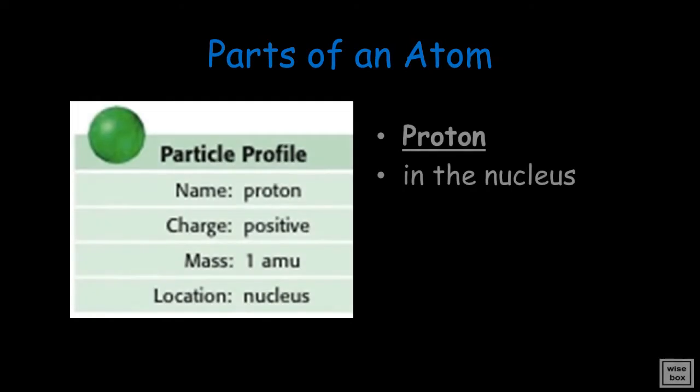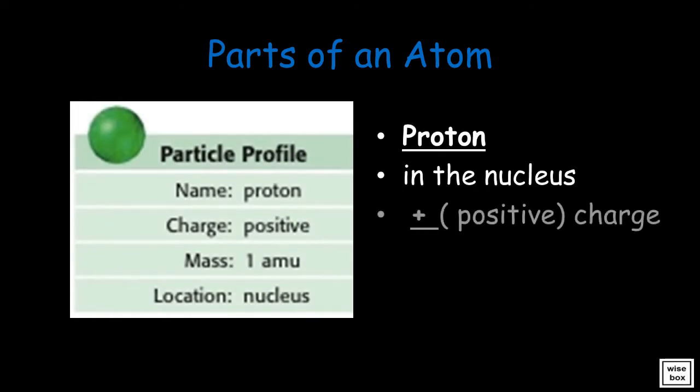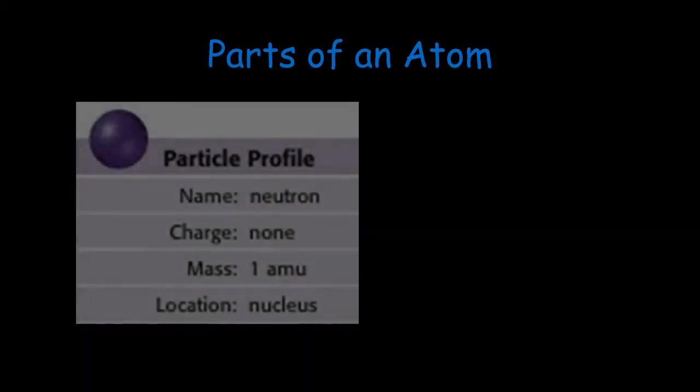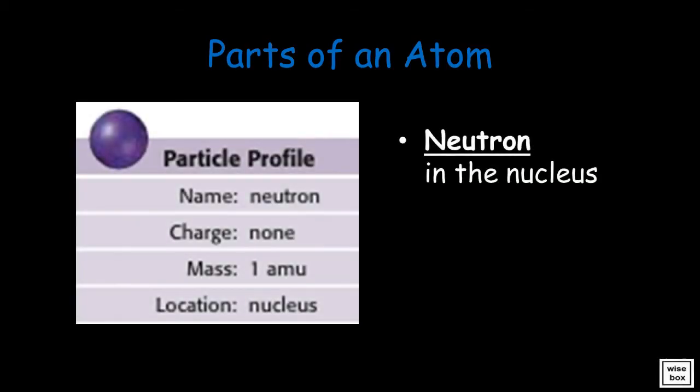The proton is in the nucleus, it has a positive charge, and has a mass of 1 amu. The neutron is in the nucleus, it has no charge, and has a mass of 1 amu.